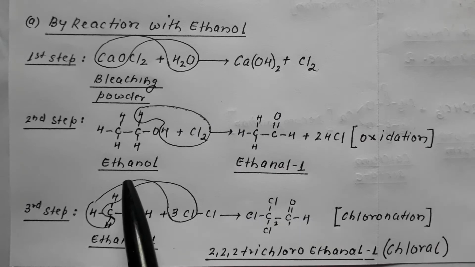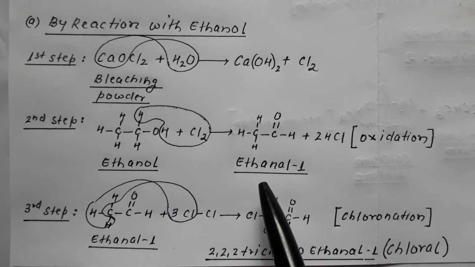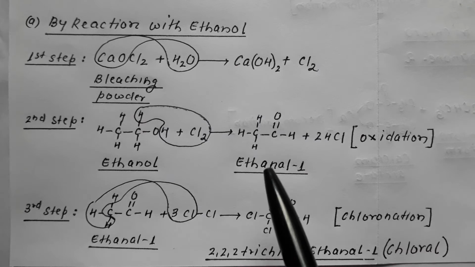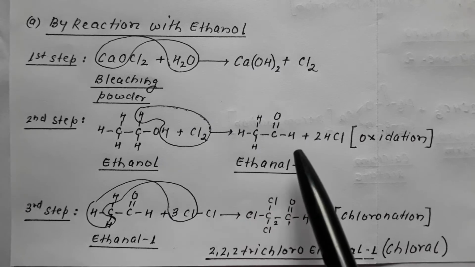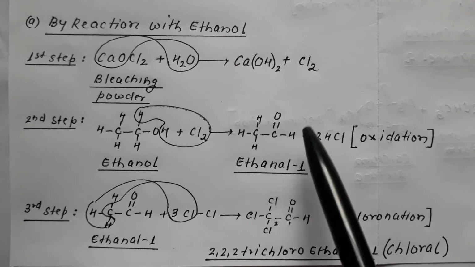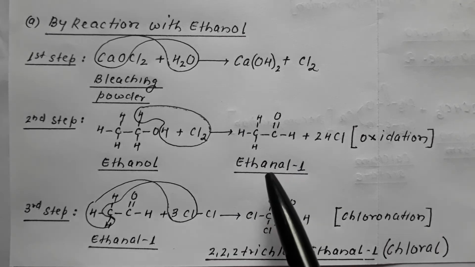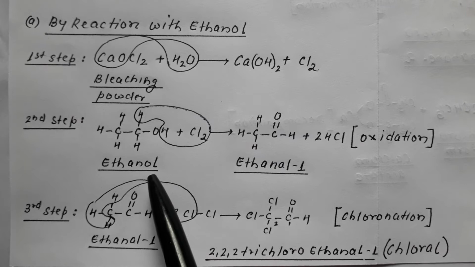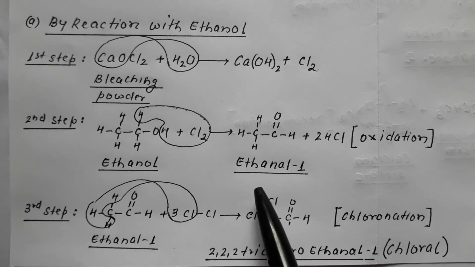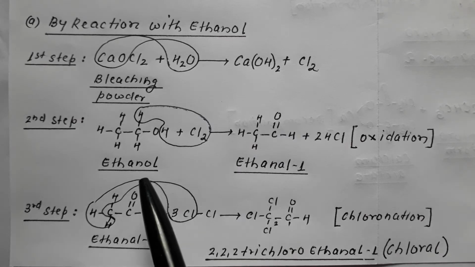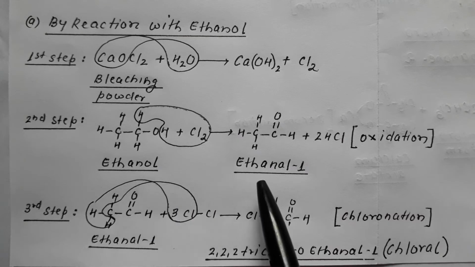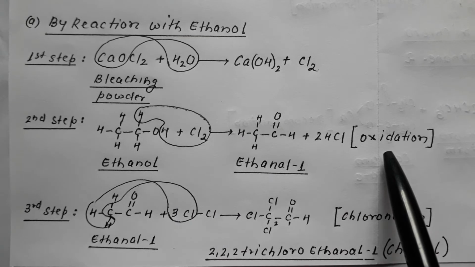So ethanol has converted into ethanal, and remember, in the resulting product there is no chlorine at all. At the same time, alcohol has been converted into aldehyde. So we are aware, conversion of alcohol into aldehyde is termed as oxidation.